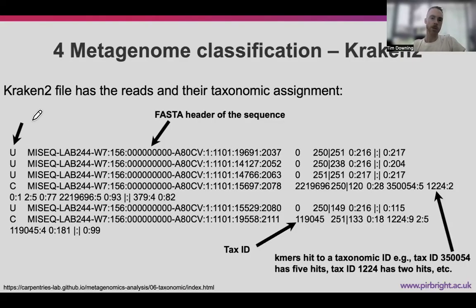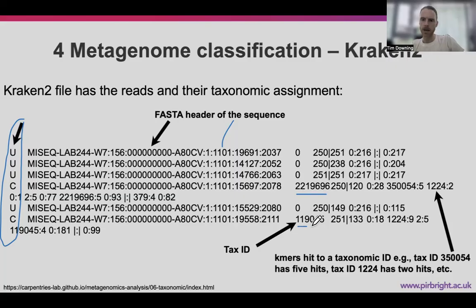The output looks like this. So we have information here as to whether it's classified or unclassified, U and C. Some of the lines are longer and shorter, hence they're a bit different lengths here. You have the header of the sequence read that's being explored. You see for the classified ones, we have the taxonomic IDs here.